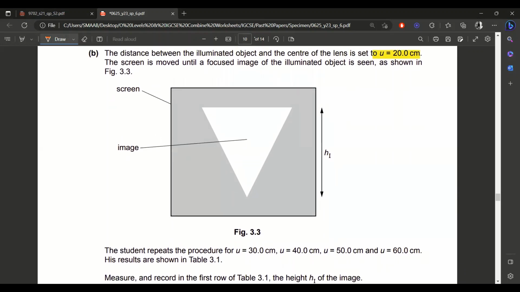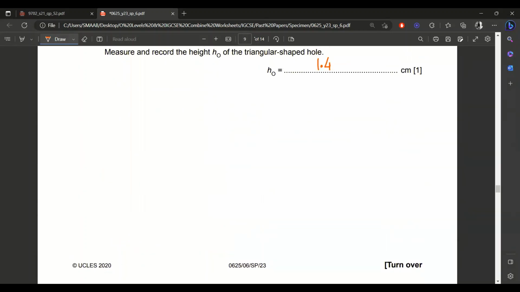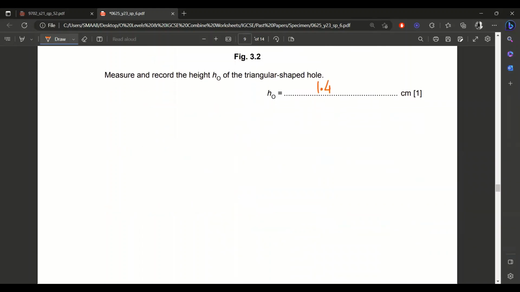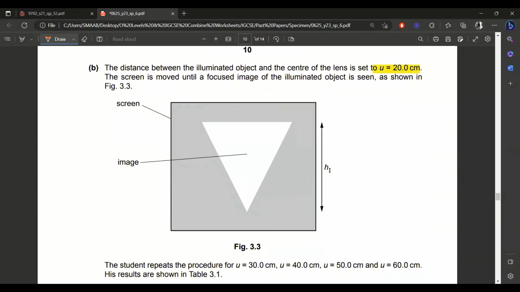So we are getting an image on the screen, and initially we have an upright triangle like this, but we are getting an inverted image on the screen. So why are we getting an inverted image? Because we are using a converging lens, right? So that's why we get an inverted image.